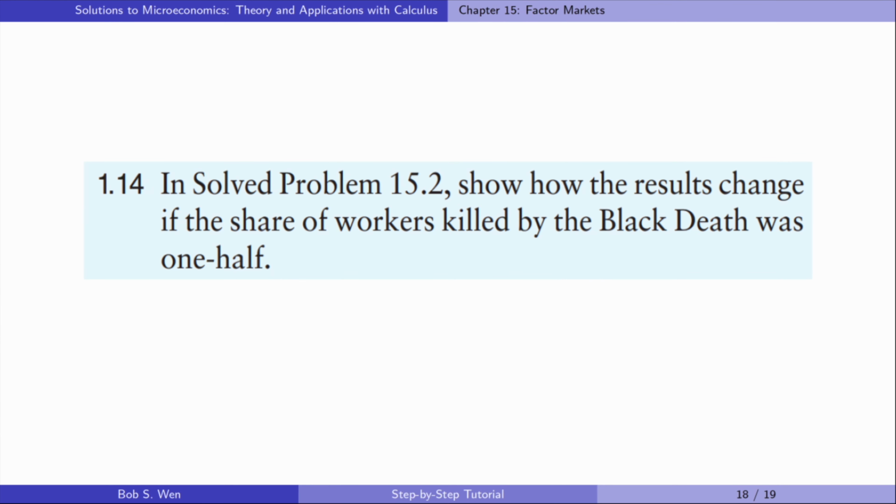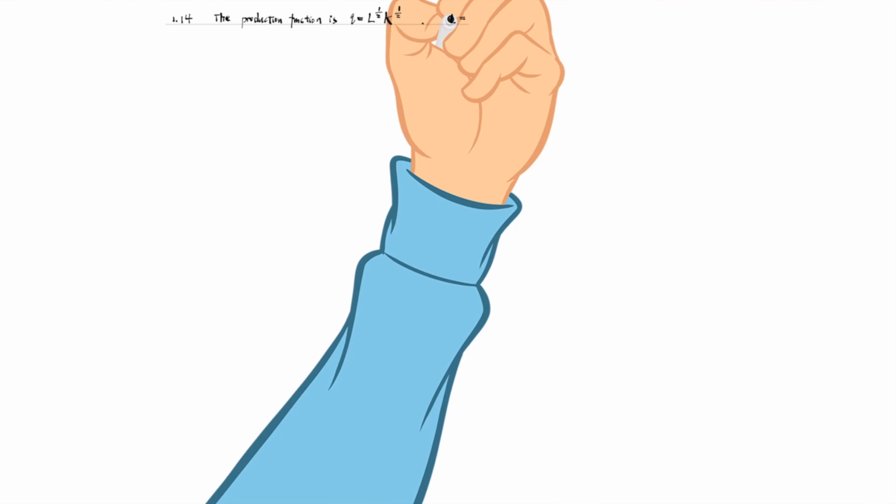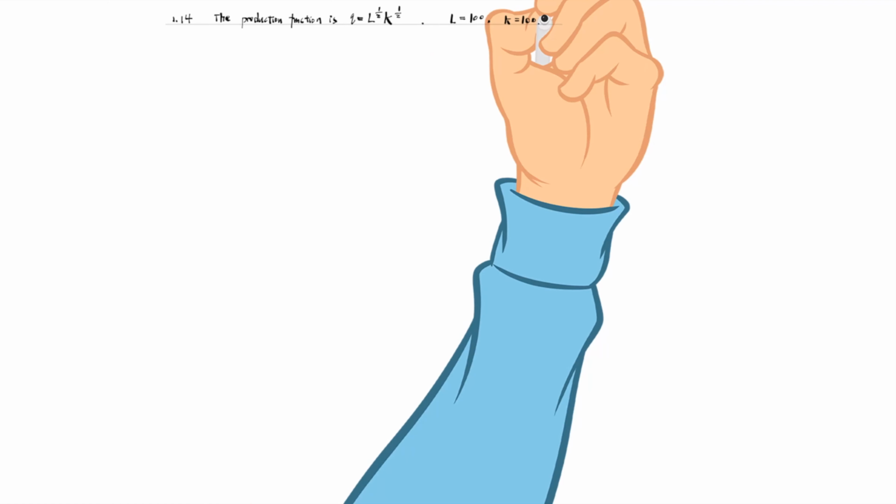Let's solve exercise 1.14. In solved problem 15.2, show how the results change if the share of workers killed by the Black Death was 1/2. The production function is Q equals L to the power 0.5 times K to the power 0.5. 100 units of labor and 100 units of capital are used.